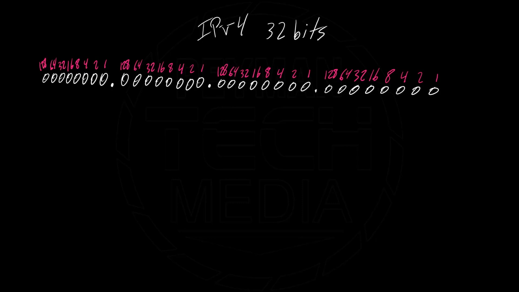Now you might ask where these numbers are coming from. It is 2 to the power of bit position.